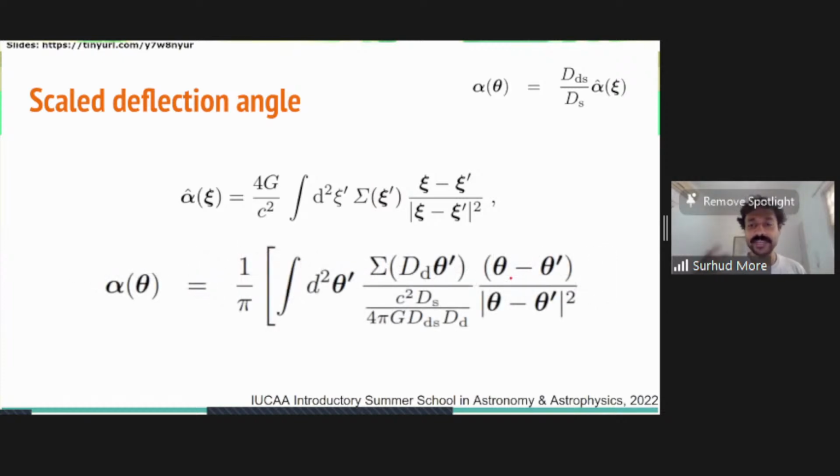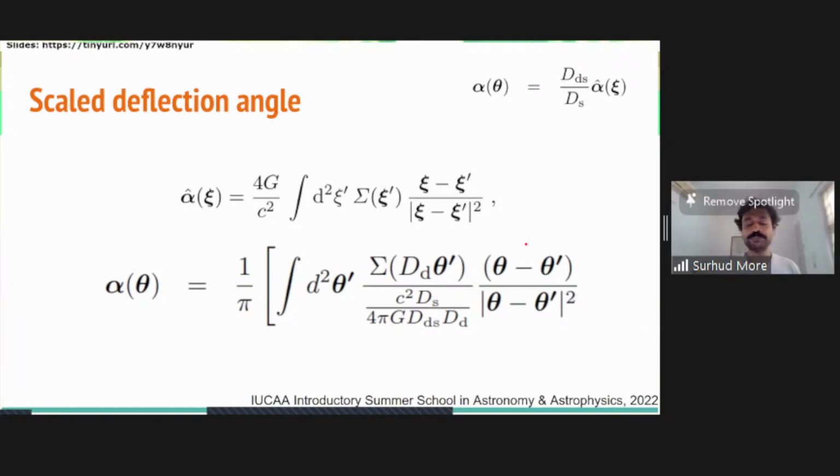Now you can rearrange that equation to get something which looks like this. The scaled deflection angle will be given by this 1 over pi factor, because I added in another pi here, times an integral over angular coordinates in the plane of the sky, of the surface density divided by some other surface density times this particular factor.